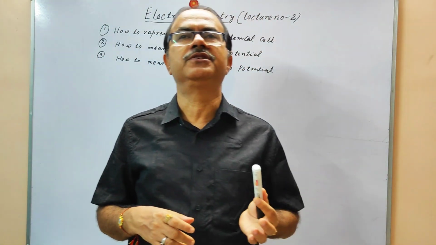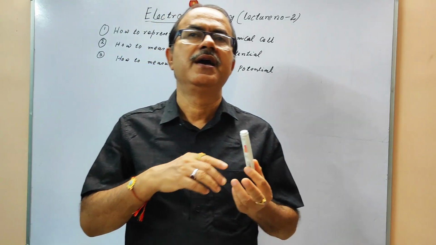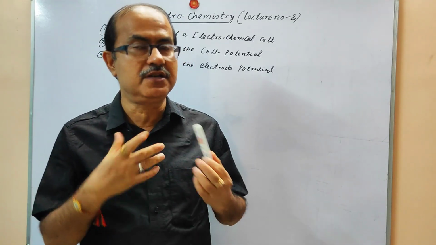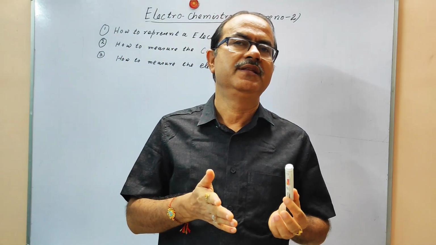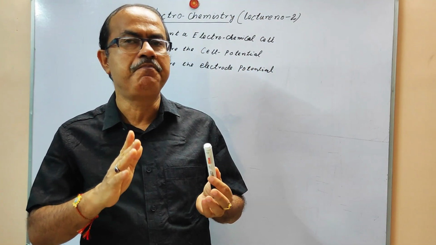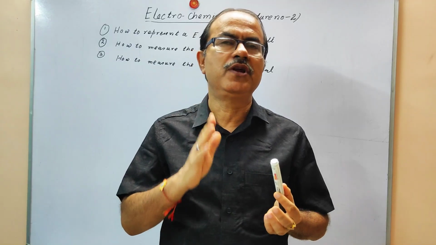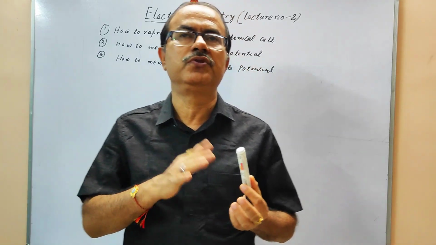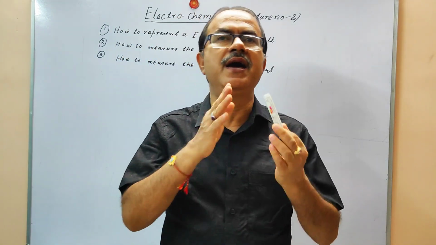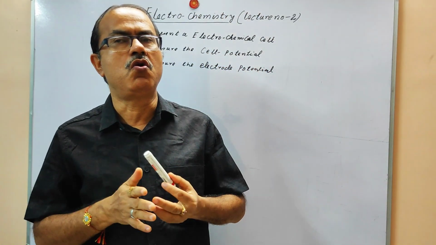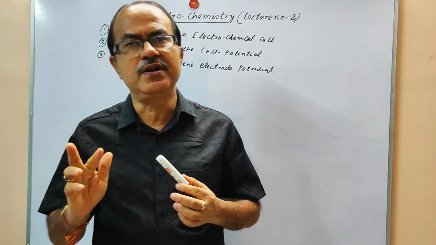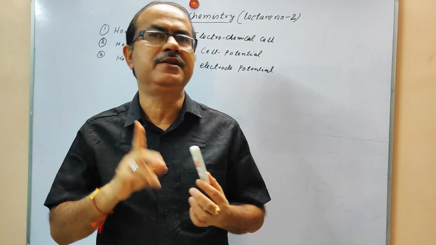In the other part of this galvanic cell, there is another half cell reaction, the reduction reaction, at the cathode, where the electrode is positively charged with respect to the electrolyte, and the potential created between the electrolyte and the electrode is called the reduction potential. So we understand two types of potential, one oxidation potential and another reduction potential.